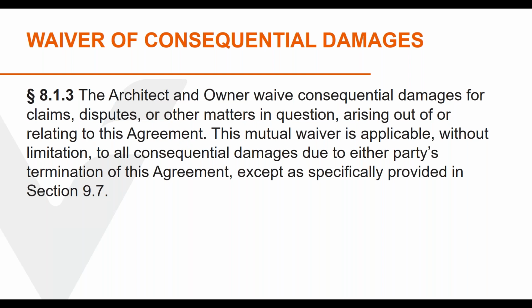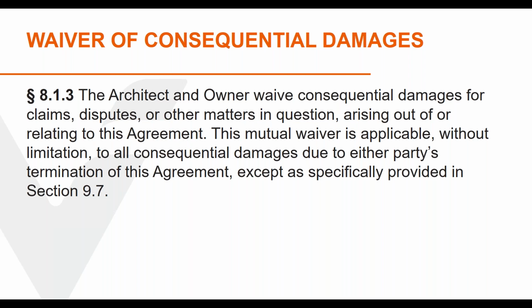Nahom mentioned the waiver of consequential damages. The mutual waiver of consequential damages was added to the AIA design contracts, mostly because a similar waiver was added to the owner-contractor agreement. It was really slipped into the AIA design documents as a limitation of liability.